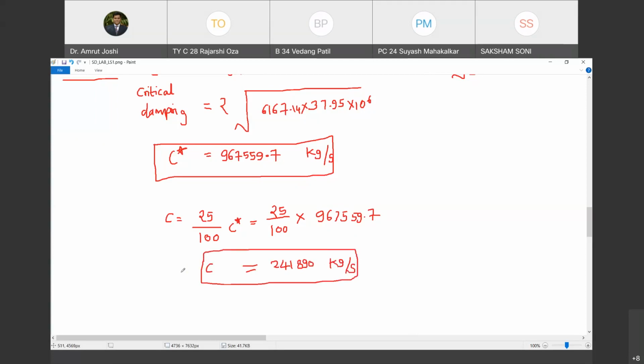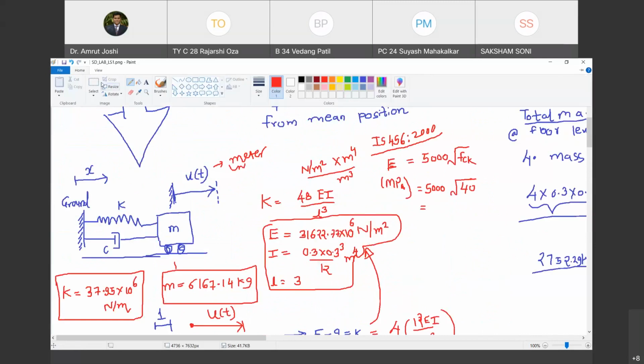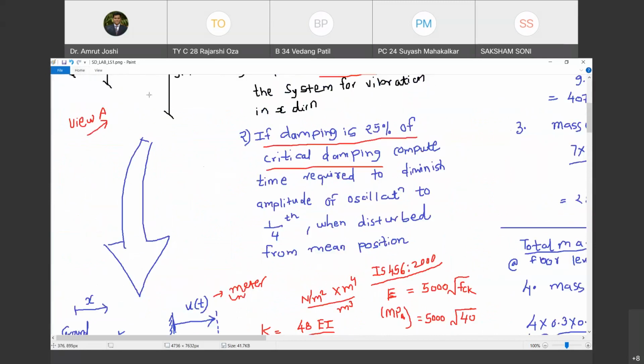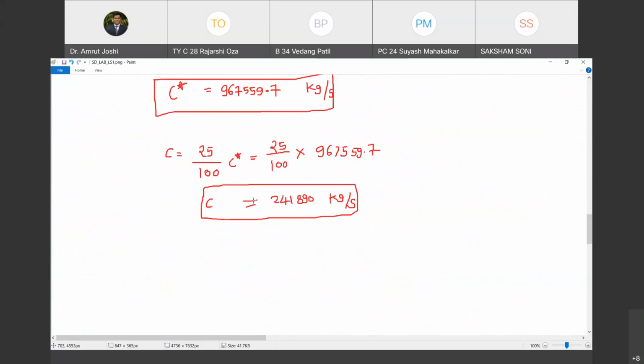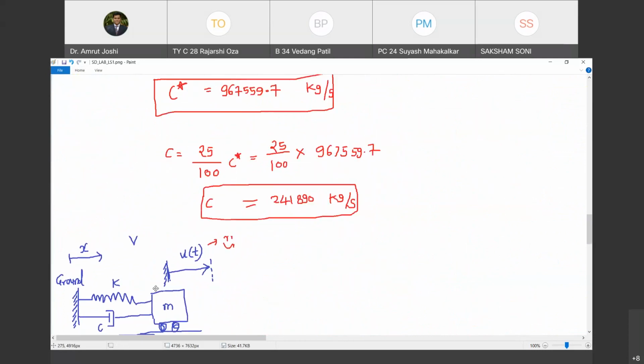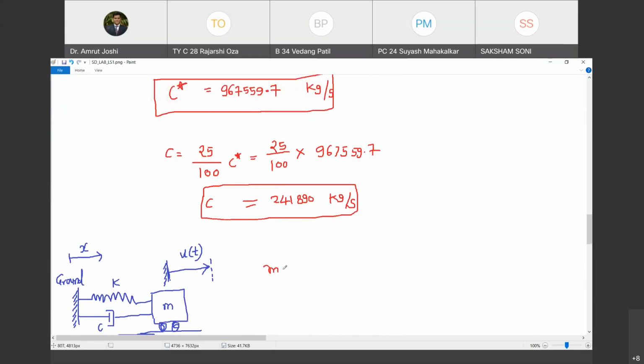So now we have defined our system completely. What is the complete transformation of this parent system into a single degree of freedom system? So I have to take this diagram down. We have found out all the parameters. Have we found out the value of M? Yes. So I'm going to list that value here. What is the value of M?